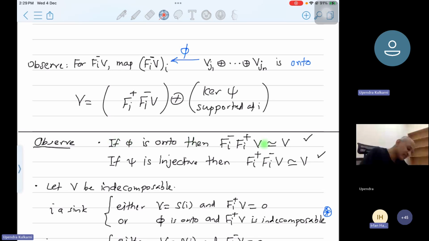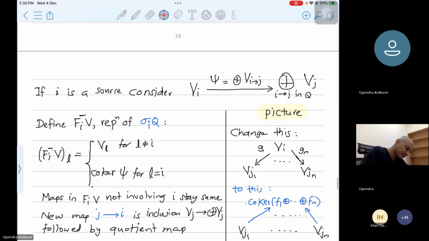So remember, this result had nothing to do with indecomposability per se. All we said is that if the map phi is onto, then Fi minus of Fi plus V was V itself, isomorphic to V. Okay, so let's go back into that once again.